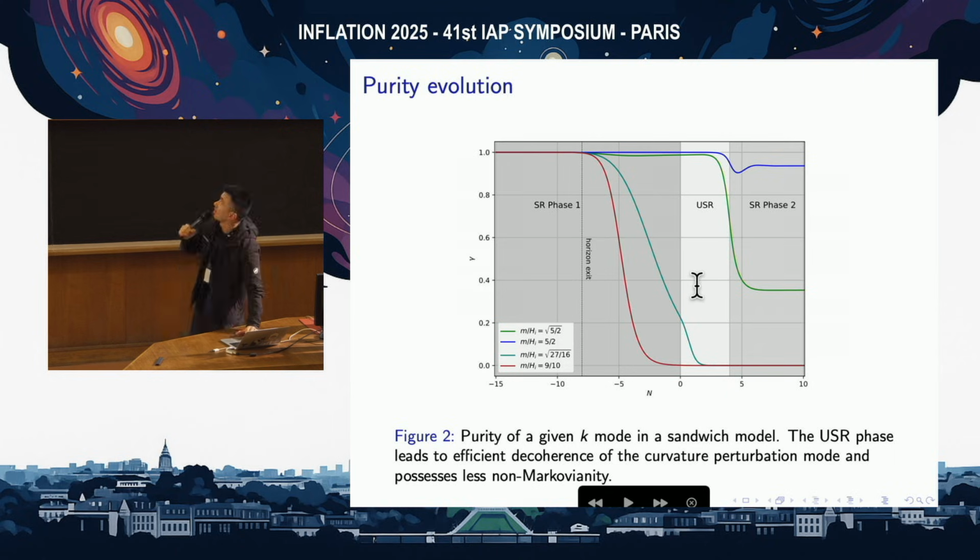In between, we insert an ultra-slow phase, and we find more efficient decoherence in the ultra-slow phase than in the slow phase. The other important result we got is that the transition between these phases really affects the final result for purity.